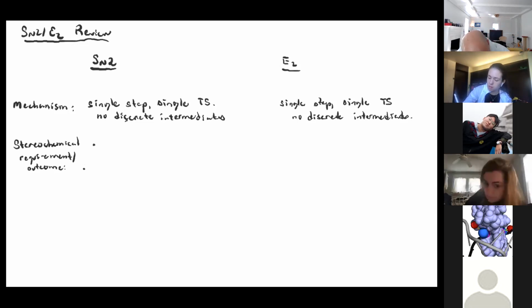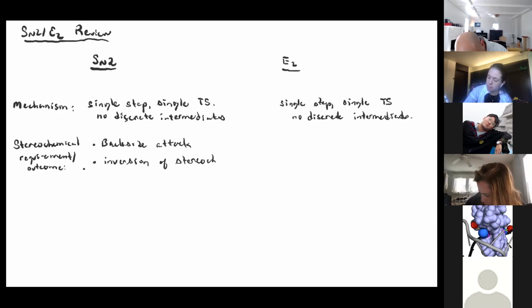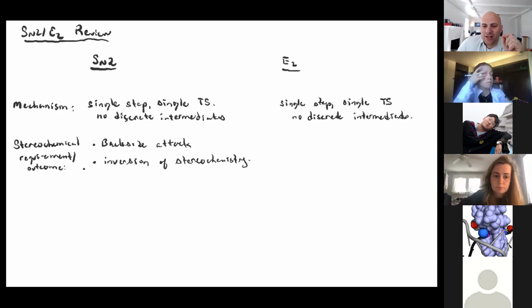So I'll write that here: backside attack, inversion of stereochemistry. And remember, when we say inversion in this context, we're talking about physical inversion. You're physically inverting the stereochemistry at the carbon.